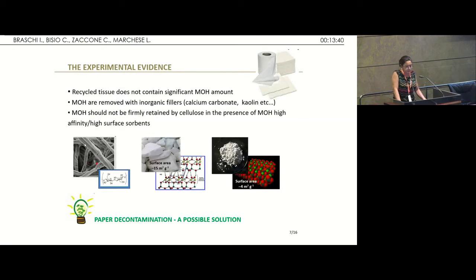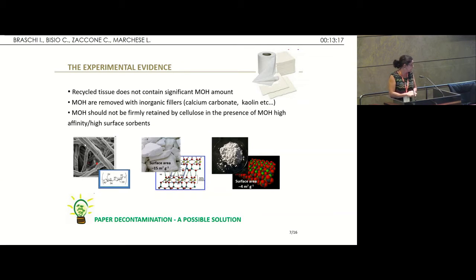So during our study, we realized that tissue, so paper not containing minerals like carbonate or kaolin, usually added to the cardboard to give strength to the material.